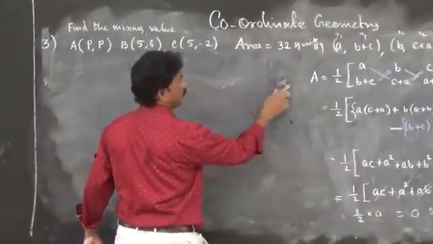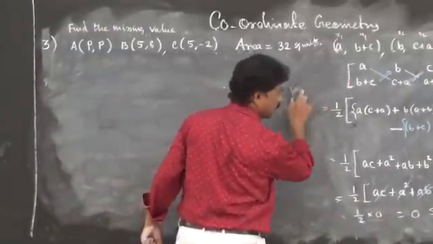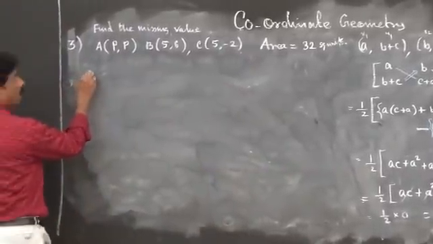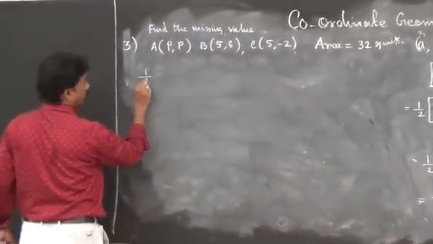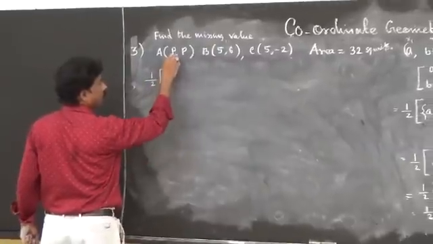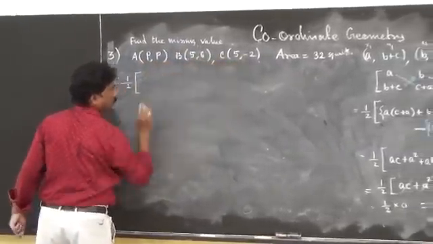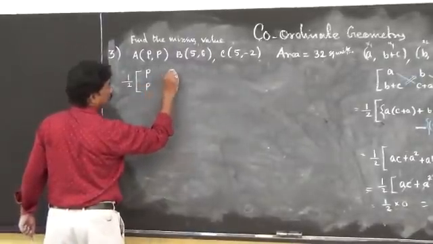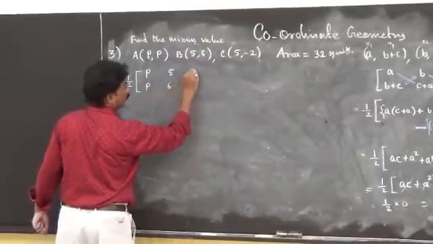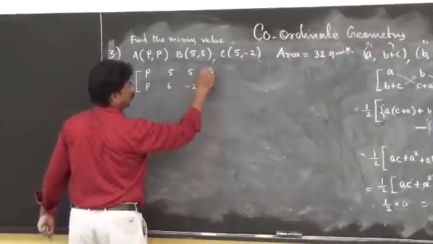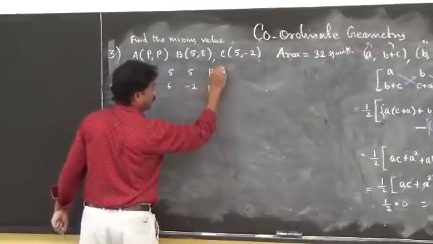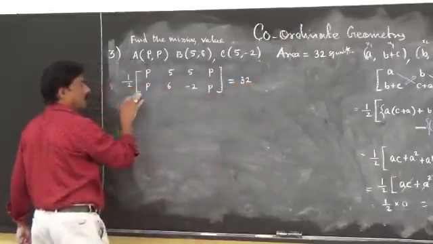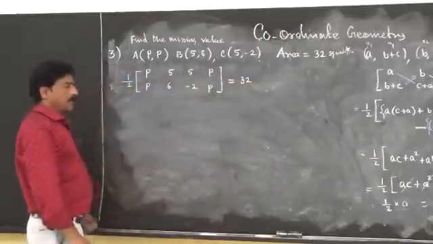Same formula. The first chapter, first exercise, we are going to do the same. So we know the area formula with x1, y1, x2, y2, x3, y3. And the area is given. What is our area? Area is equal to 32. That is equal to 32, already given.